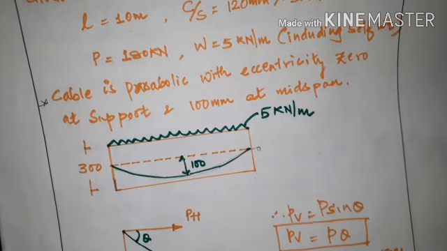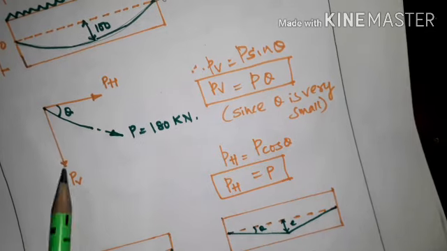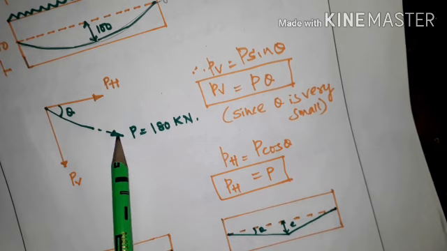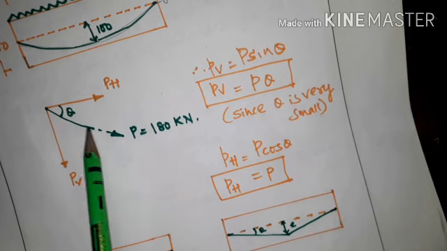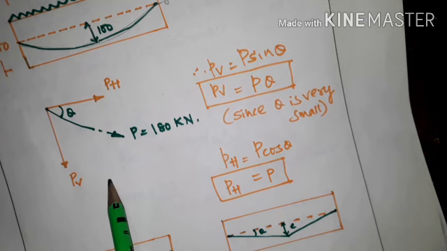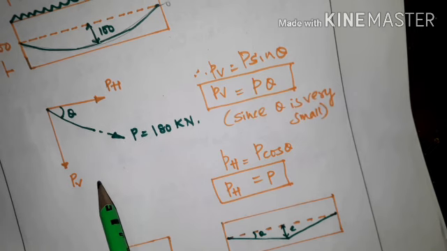After that, as we know the cable profile is parabolic, the pre-stressing force P in the cable is 180 kN. We are going to deal with shear, which may be a horizontal or vertical force in the cable.